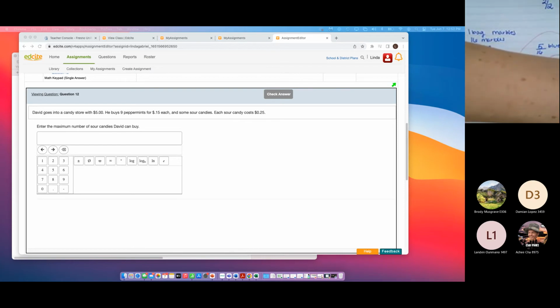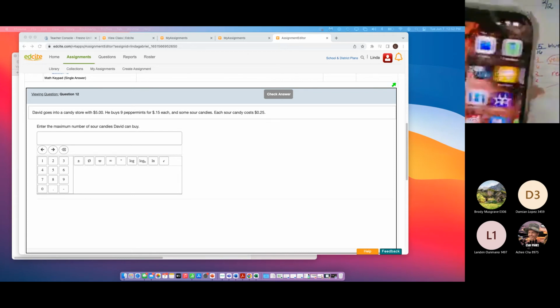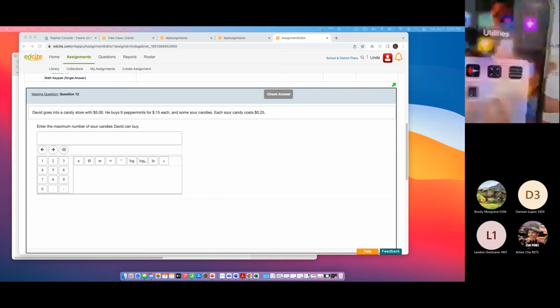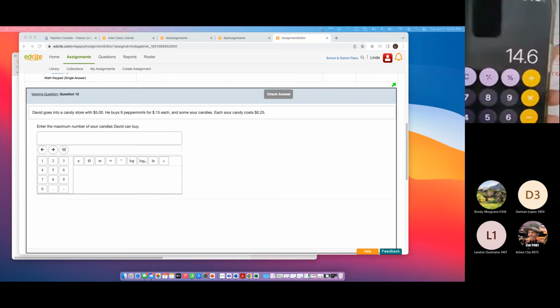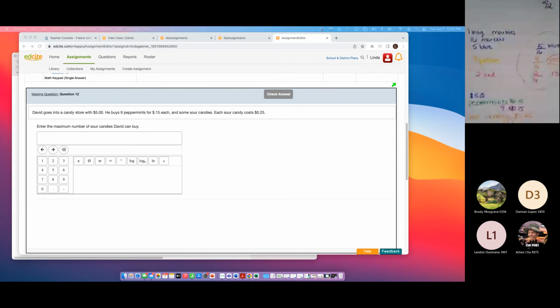So I'm going to divide both sides by 0.25. And then that will tell me essentially how many sour candies I can buy with $3.65. So I'm going to go 3.65 divided by 0.25. That gives me 14.